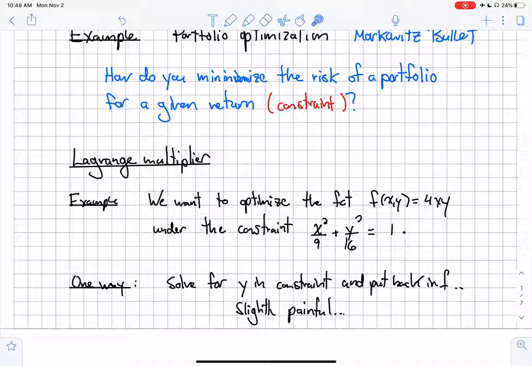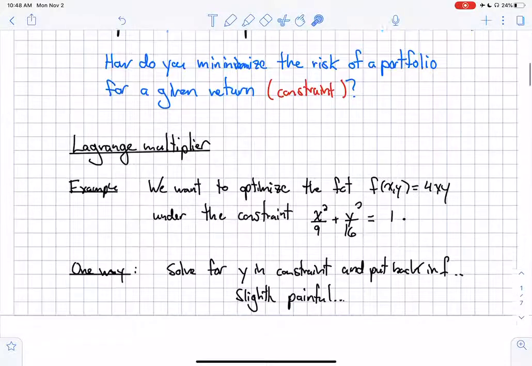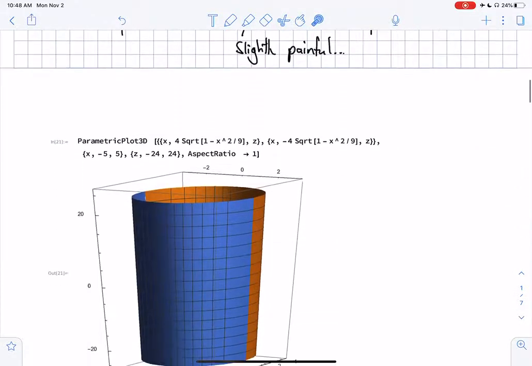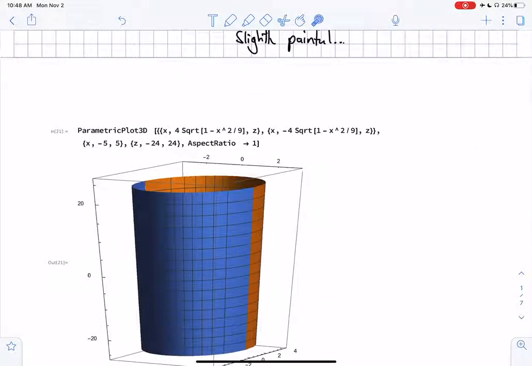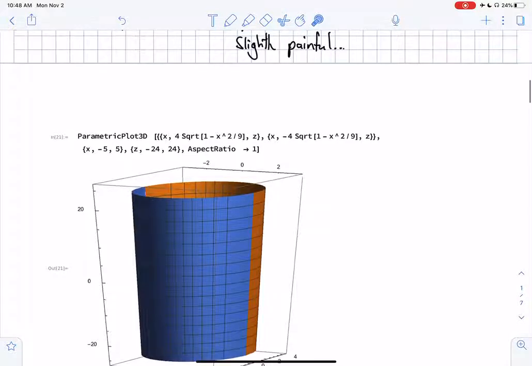So let's look at how this looks geometrically. The constraint, if you think about it, is all the points that lie on the ellipse. But if I look at it in 3 dimensions, what points x, y, z satisfy that?